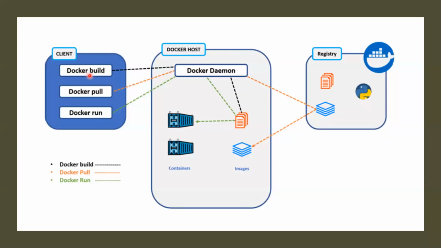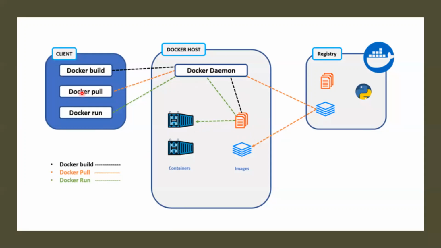So if you give Docker build, it will communicate with your Docker daemon, and in response it will call this Dockerfile. Once you build, you'll run it, right? That is where the green lines come into the picture. Docker run for this particular Dockerfile runs this image and creates a Docker container.